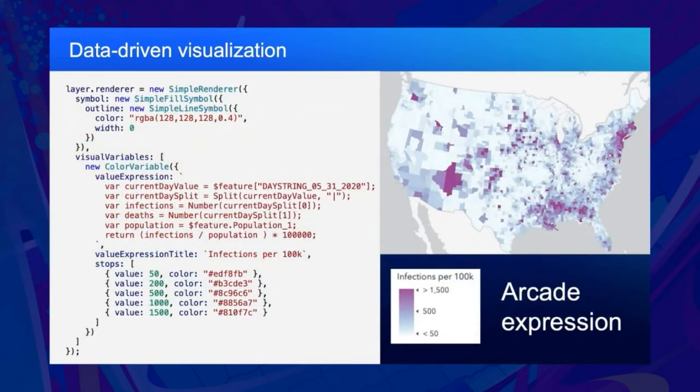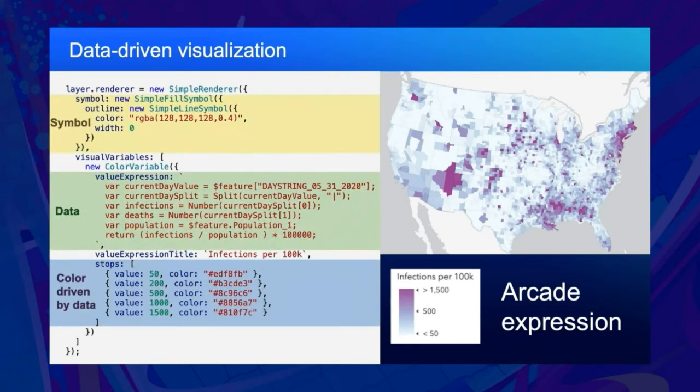You can also do more with your data using Arcade expressions. So in this case, we want to visualize the rate, or the number of infections per 100,000 people. So instead of using a marker symbol, I'll use a fill symbol. And in this case, the color doesn't really matter because I want to override that with a color variable. And I don't have a data value that indicates the rate. So I can use something called an Arcade expression.